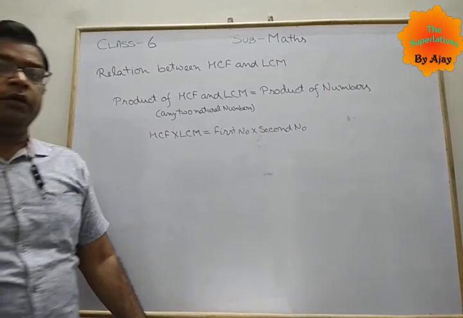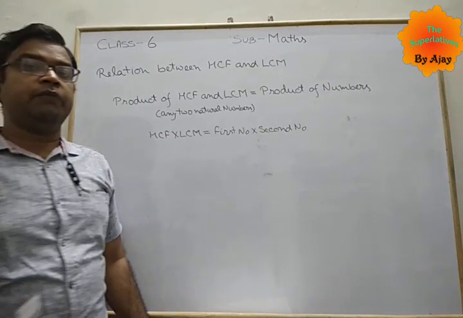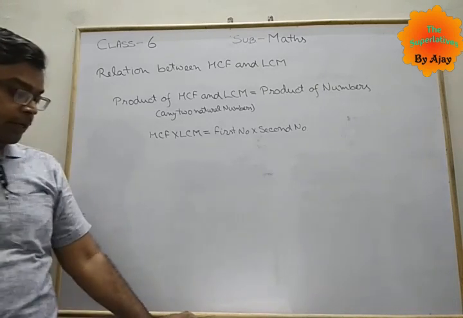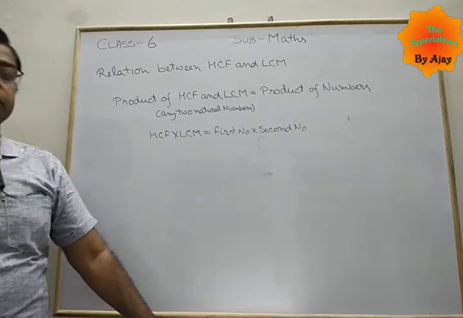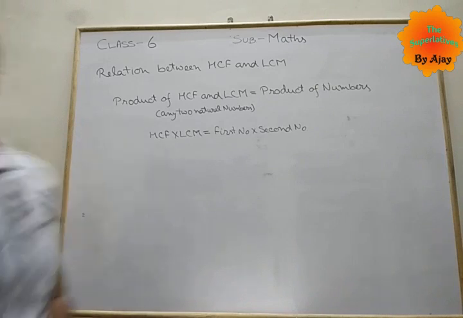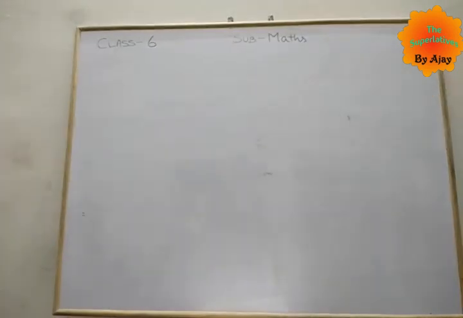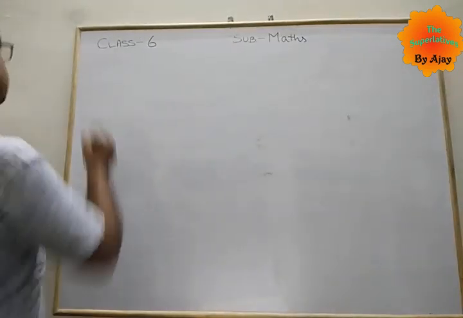In this question it says: find the least number which, when increased by 15, is exactly divisible by 15, 35 and 48.